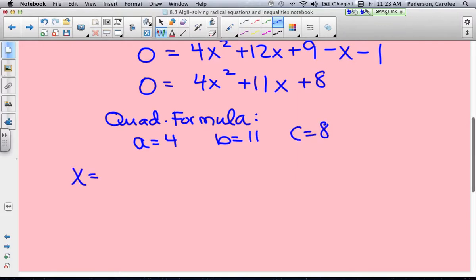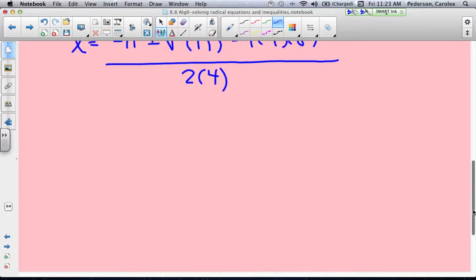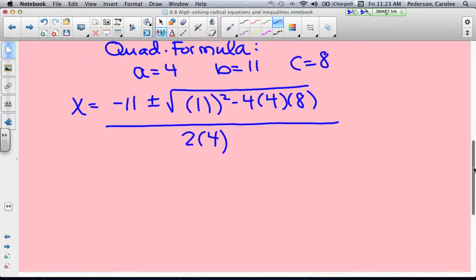X equals negative B plus or minus the square root of B squared minus 4AC, all over 2A. And now you need to simplify that equation to find your x.